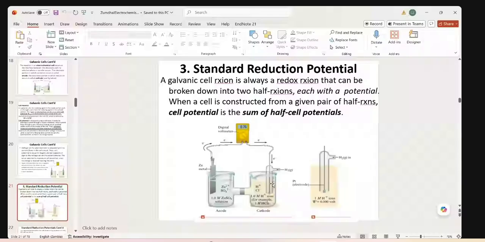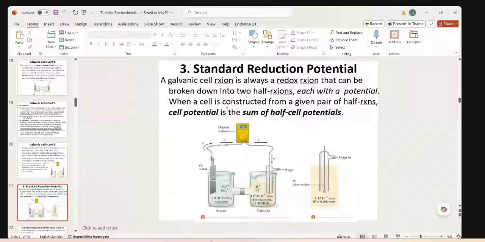So these are some of the things you have to know about the galvanic cell. In a galvanic cell, electrons always move from the anode to the cathode, because the cathode is positively charged.